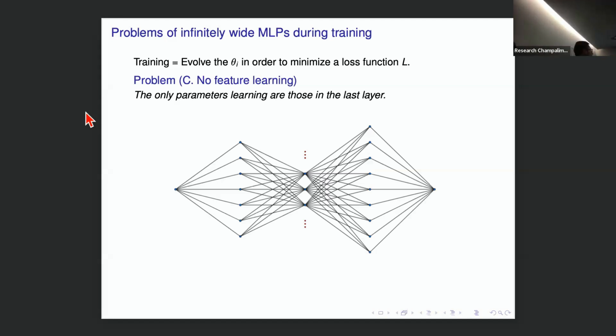It turns out that in the infinitely wide limit, that doesn't happen. All the layers stay frozen during training, nothing happens, and only the last layer is learning. So that's called no feature learning. And that is a problem in working with very wide multilayer perceptrons.